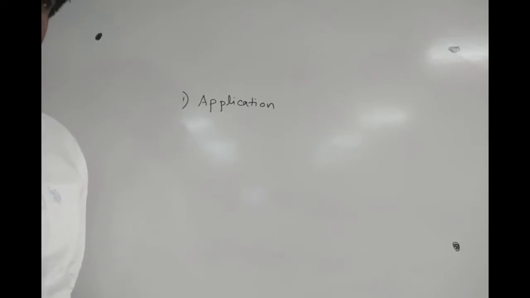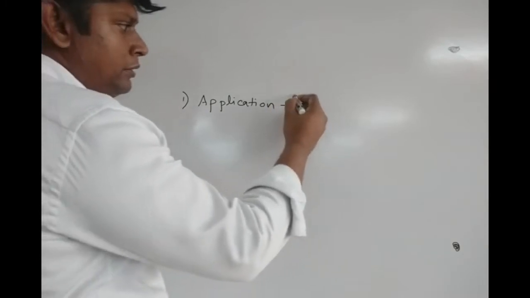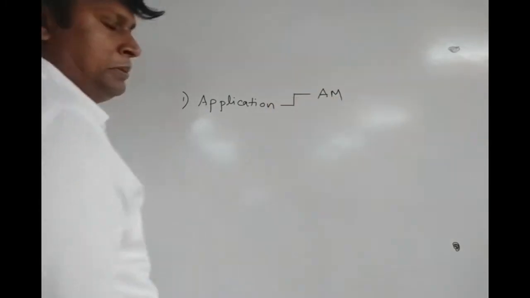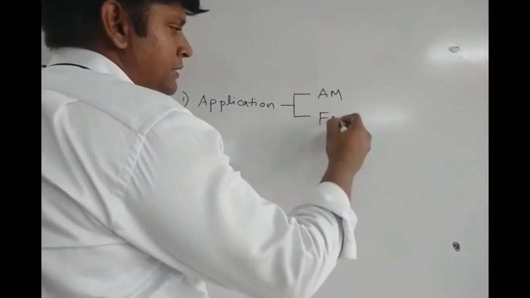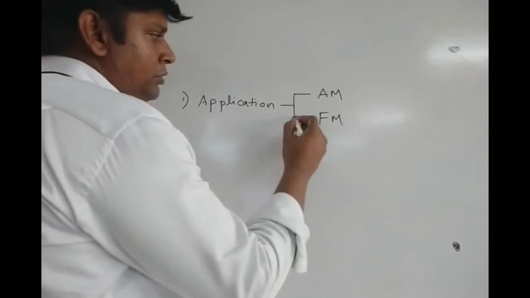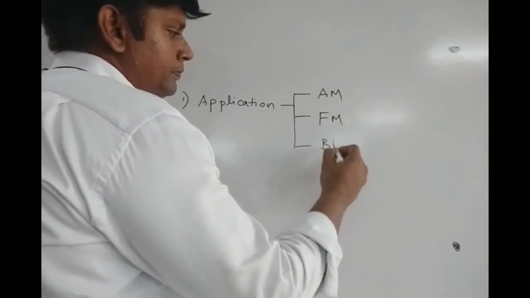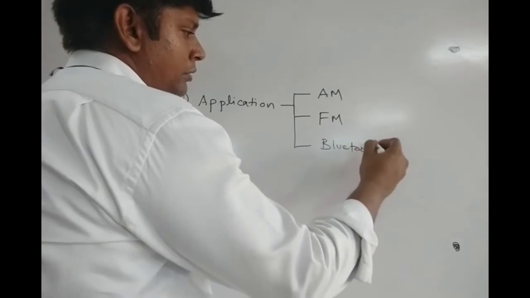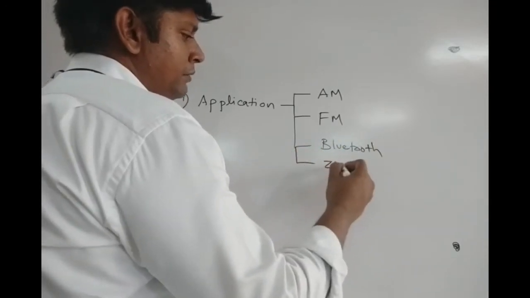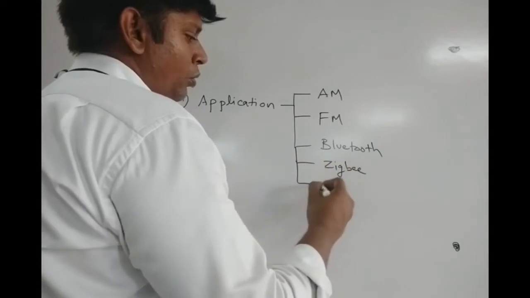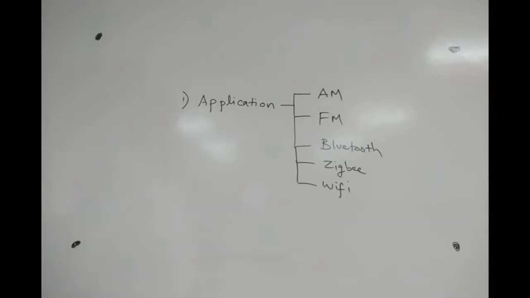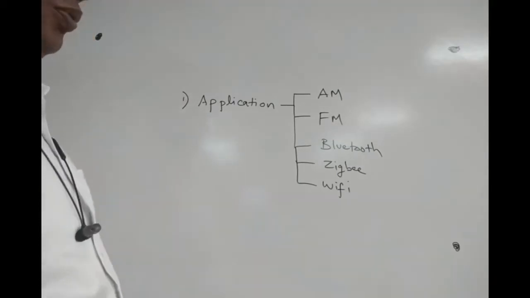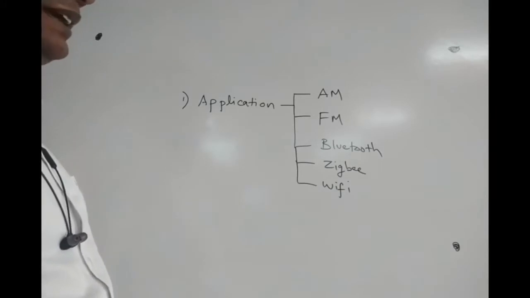Okay, so whether my antenna is going to work for an AM communication system, or an FM communication system, or Bluetooth or Zigbee or Wi-Fi. Okay, so this first I need to define. I need to decide, for which application I'm trying to design an antenna.